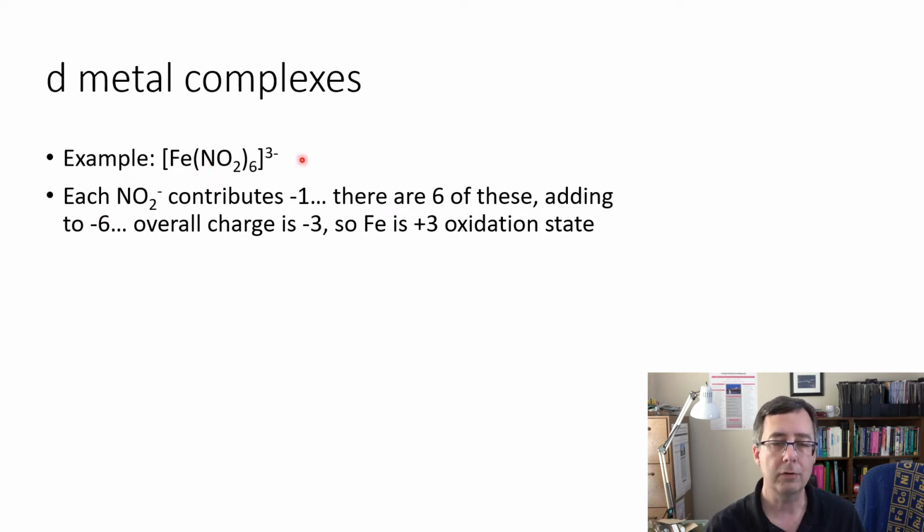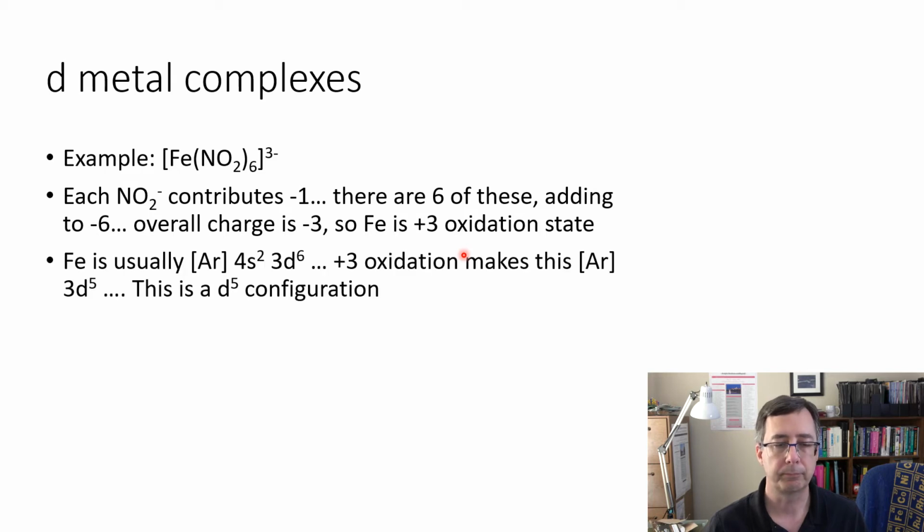If the overall charge is -3, then for charge to equal out, the iron obviously is +3, and that would give me a total charge of -3 on the entire complex. So iron's in a +3 oxidation state, which is a normal oxidation state for iron. It's a ferric ion, so that's totally fine.